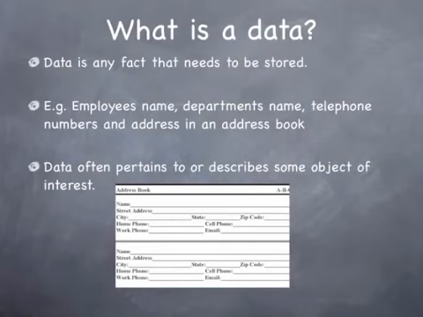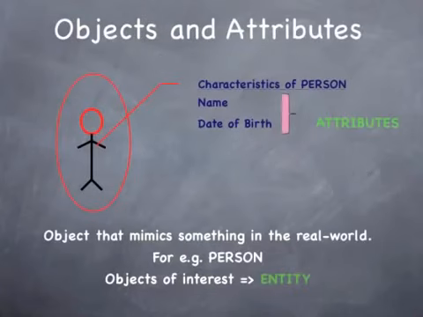Now, whenever we deal with data, it always pertains to some object of interest to us. Here we have an object that has been identified. The object is a person. Objects most often mimic something that exists in the real world.